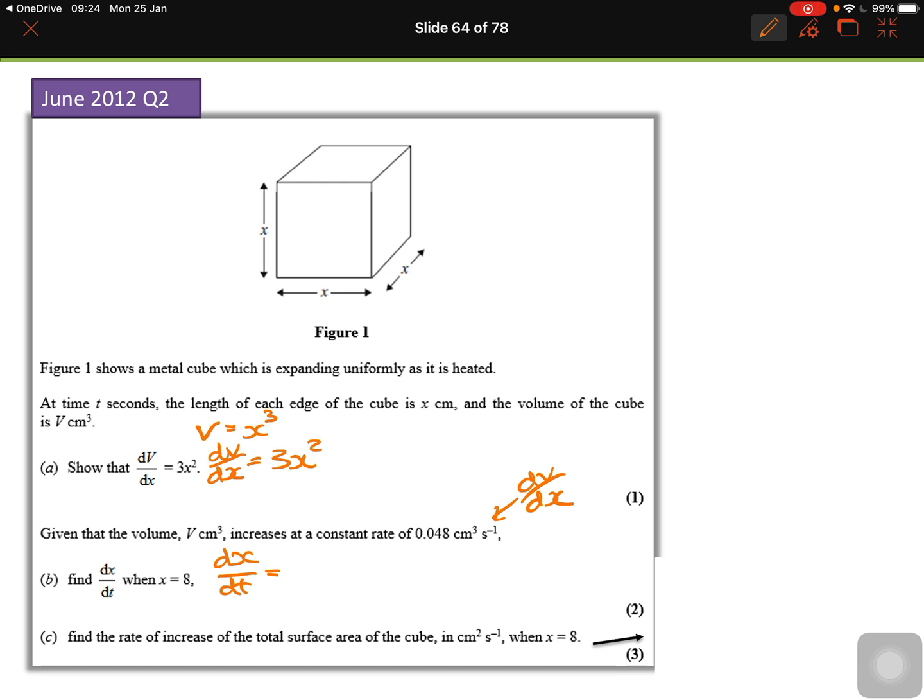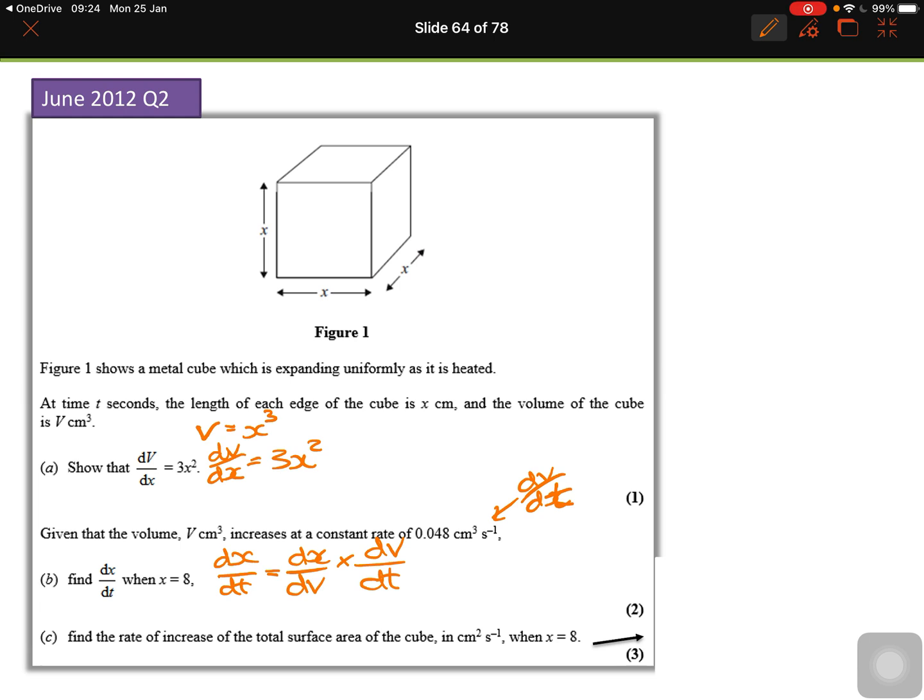I've got to have a dx on the first one, a dt on the second one, and the bit I'm missing is my dV's. Now I've got a slight problem here. Sorry, that's dV/dt, not dV/dx. Because I've got different parts here, I need to be careful.